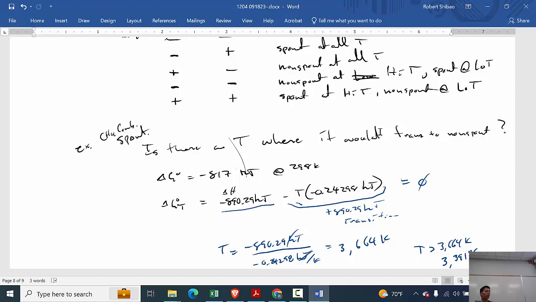But overall, if we want a spontaneous process, the entropy has to increase, and there's no fixed limit to the entropy. The entropy has to continue to increase for things to change. If the entropy does not increase anymore, then there's no change, there's no driving force for change, and nothing will change.